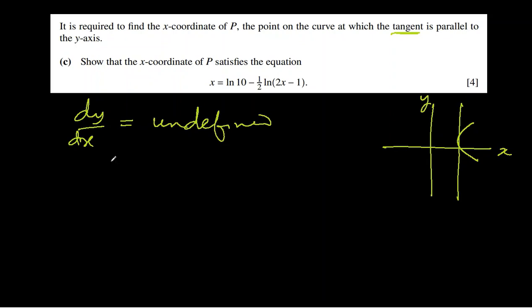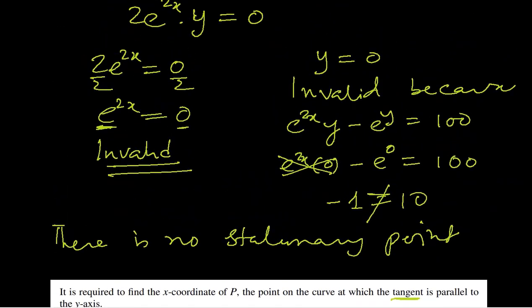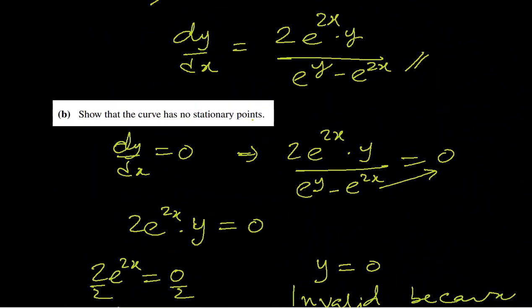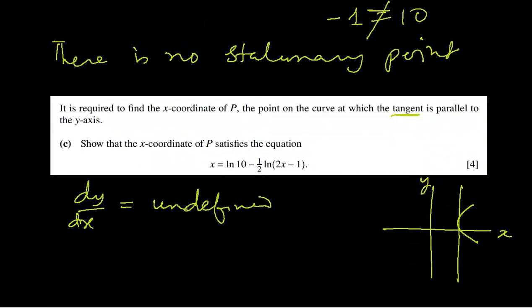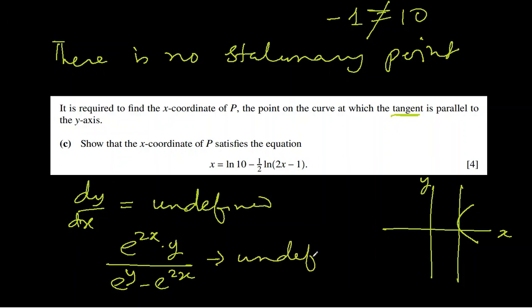That's what they're saying. So dy over dx, what was that? Let me go back to dy over dx. It was e to the power 2xy times e to the power y minus e to the power 2xy, over e to the power y minus e to the power 2x. This was dy over dx, right? It is undefined. How can this become undefined?